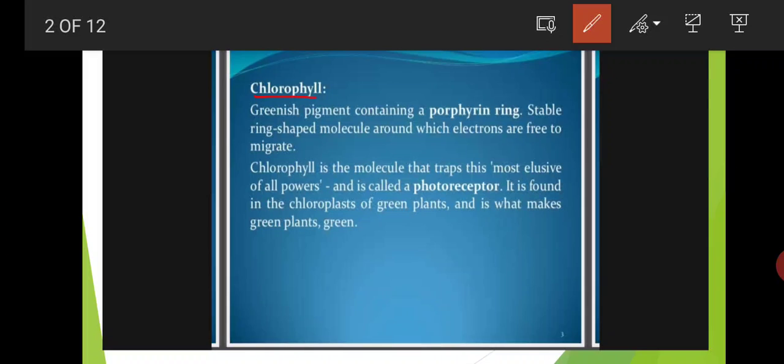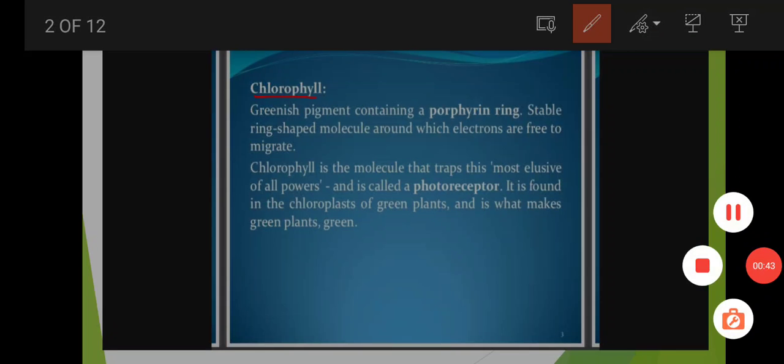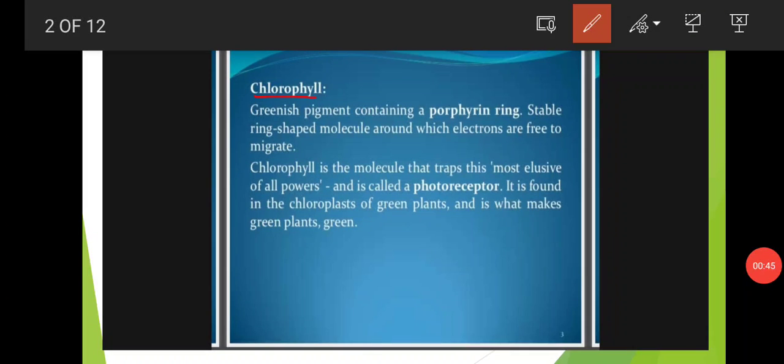Chlorophyll is a greenish pigment containing a porphyrin ring, a stable ring shaped molecule around which electrons are free to migrate. Same like hemoglobin, chlorophyll also has a porphyrin ring, and it has electrons that are free to migrate.